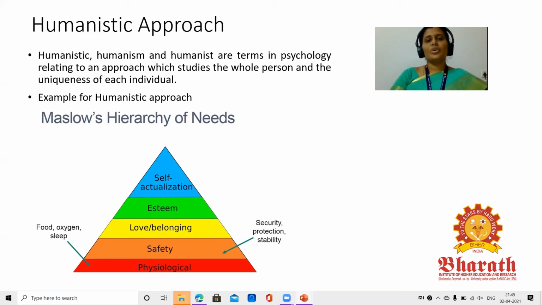That is, once you achieve a particular position in society, you need an esteem need, a standard of living and respect in society and other things. Once the esteem need is fulfilled, the last need is the self-actualization need. So each individual person has their own needs, and all of this fits into this particular hierarchy.